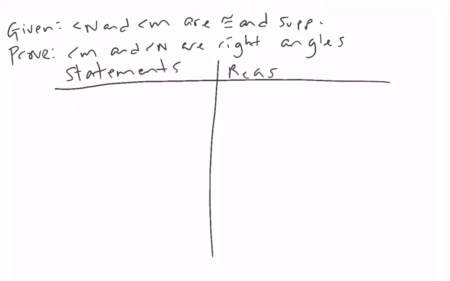All right, so what's the first thing we always need to write in our proof? That's going to be our given. So we're given that angle N and angle M are congruent, and they are supplementary. Angle N, angle M are supplementary.